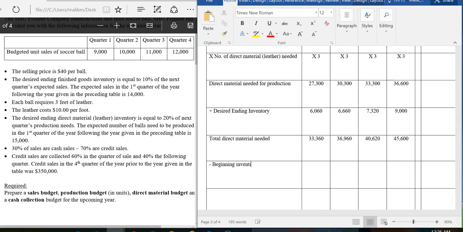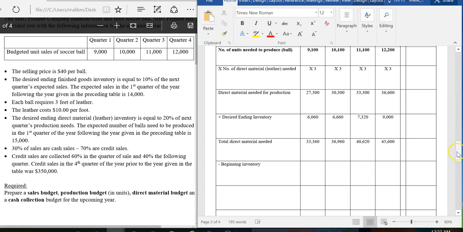We know that for a certain quarter, the past quarter's ending inventory will be this quarter's beginning inventory. So now we have to check for quarters 2, 3, 4.